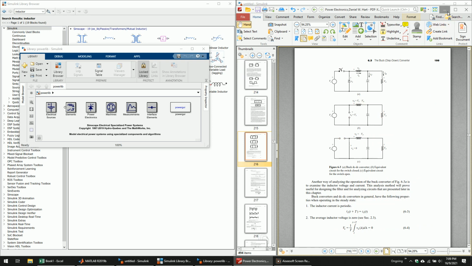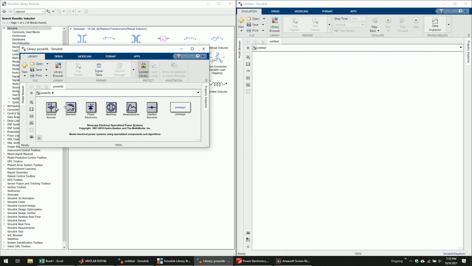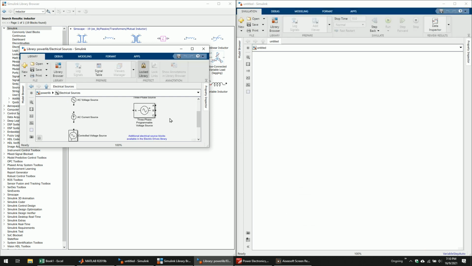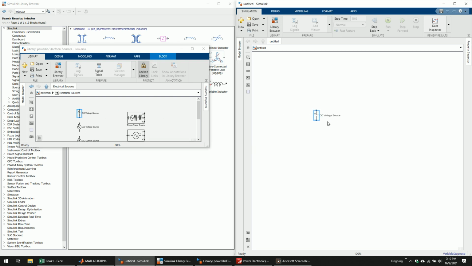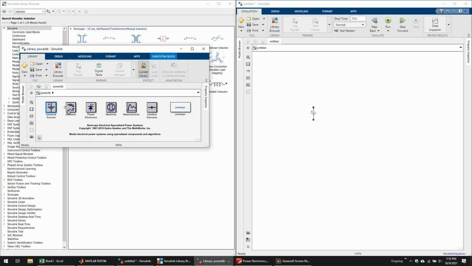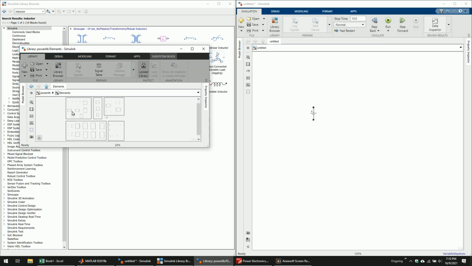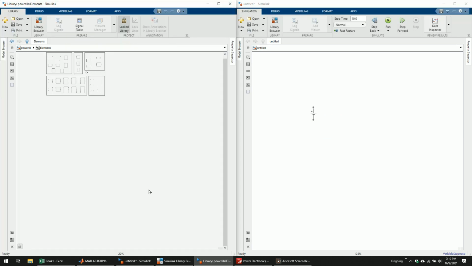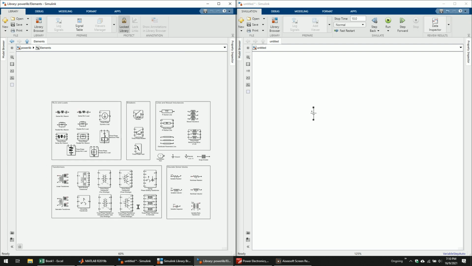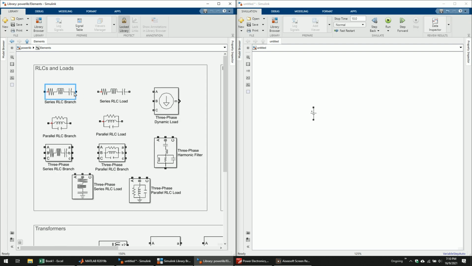So how to obtain these components? Of course, the first one is the electrical source. You have to have a DC source, and then for the elements, resistor, inductor, capacitor, you have to use the RLC branch.